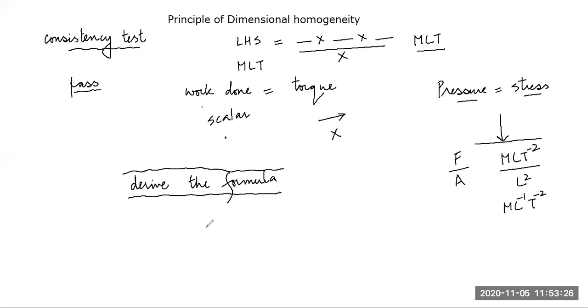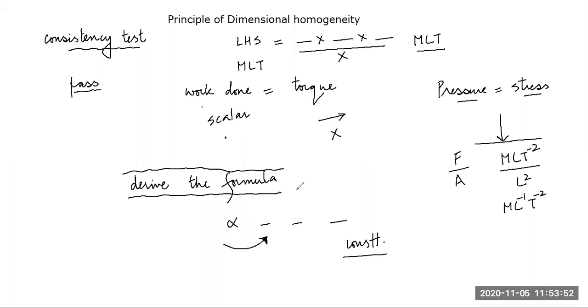If a scientist or a researcher feels that a given variable depends upon one, two, or three variables, this principle can really help us tell what the exact formula will be to 70, 80, 90% extent, because the researcher has to do the experiment to exactly find out the value of the constant.